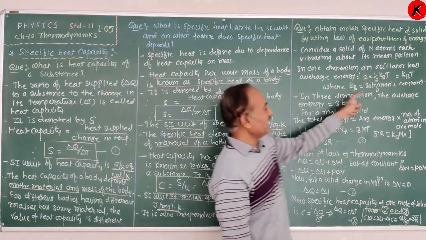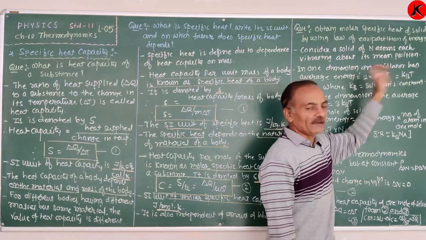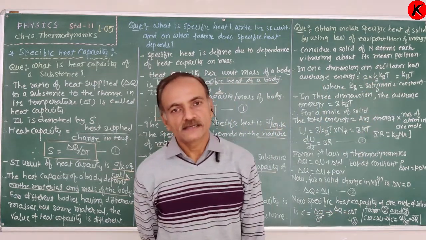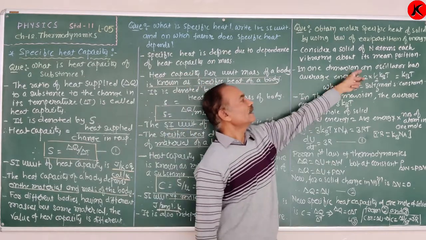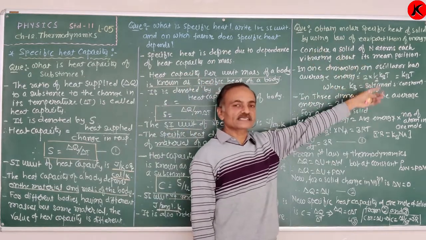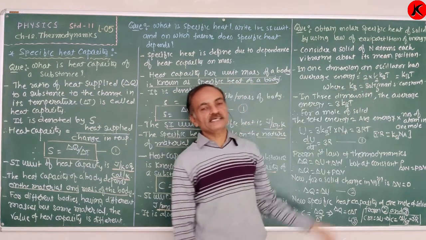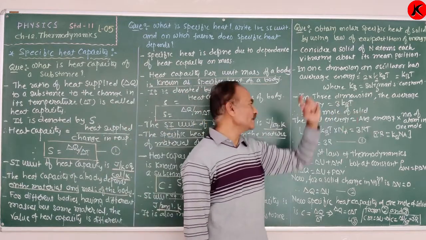Therefore, in 3 dimensions the average energy is 3 times this, that is 3 kBT. Again, in 1 dimension the average energy of an oscillator is kBT, and in 3 dimensions the average energy of the atom is 3 kBT.